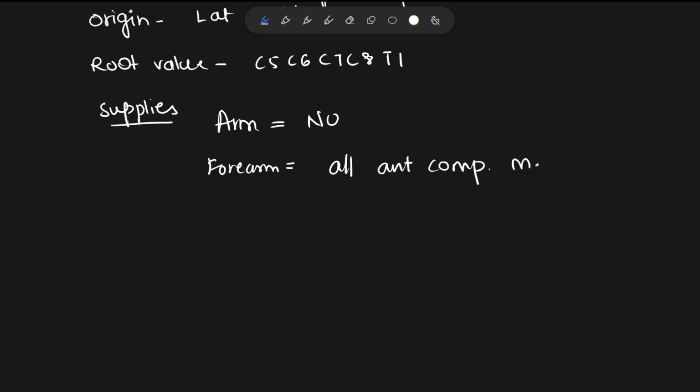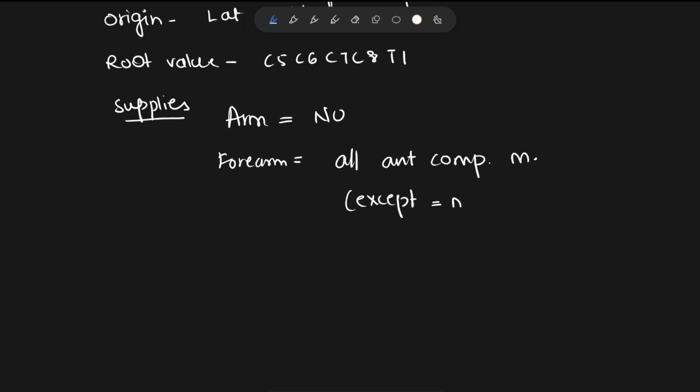All the anterior compartment muscles are innervated by the median nerve except the medial half of the flexor digitorum profundus.